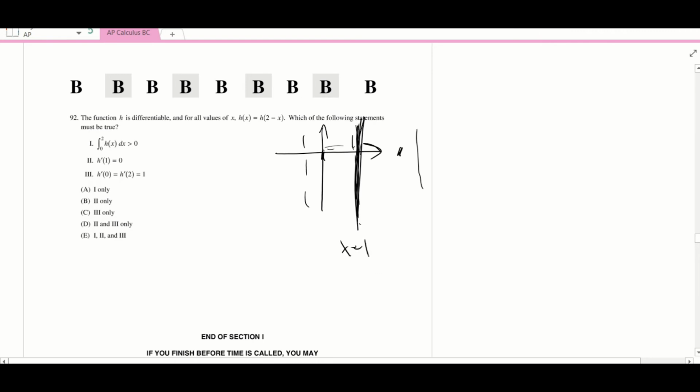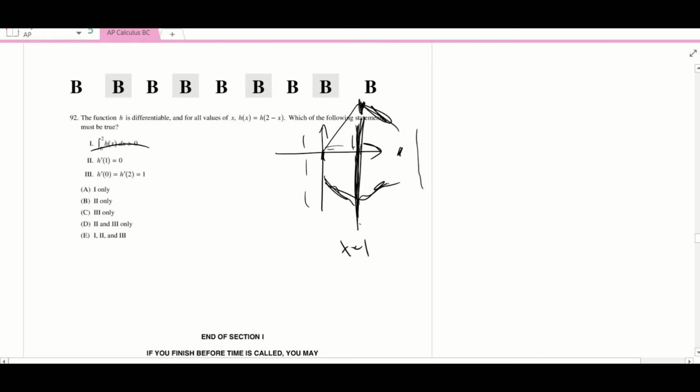So number 1, the integral from 0 to 2 of h of x dx is greater than 0. Well, this isn't given because it could be negative like this, right? Number 2, h prime of 1 is equal to 0. Well, yes, because since h is differentiable and mirrored, if it's going up when it reaches x equals 1, it has to go down.